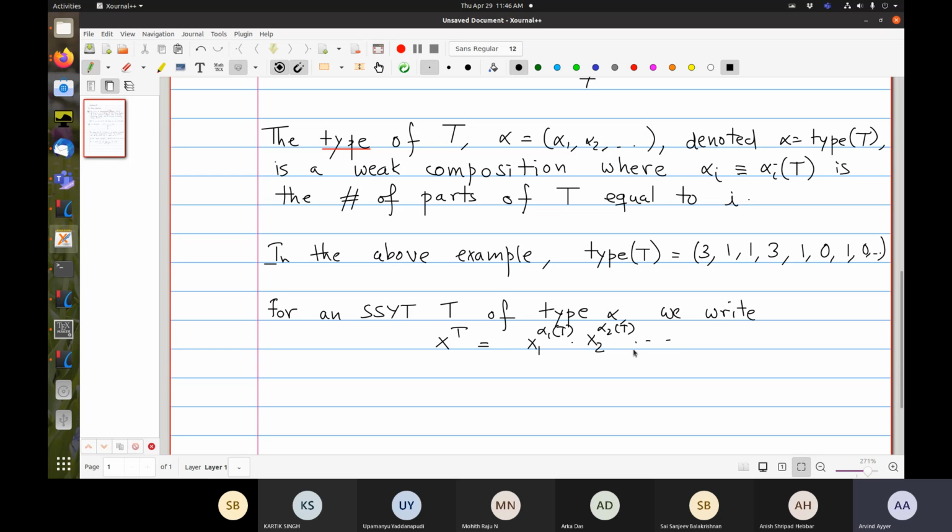It's a finite product because it's a weak composition. So again, in this example, x to the T was x1 cubed, x2, x3, x4 cubed, x5, etc. Okay. All right.